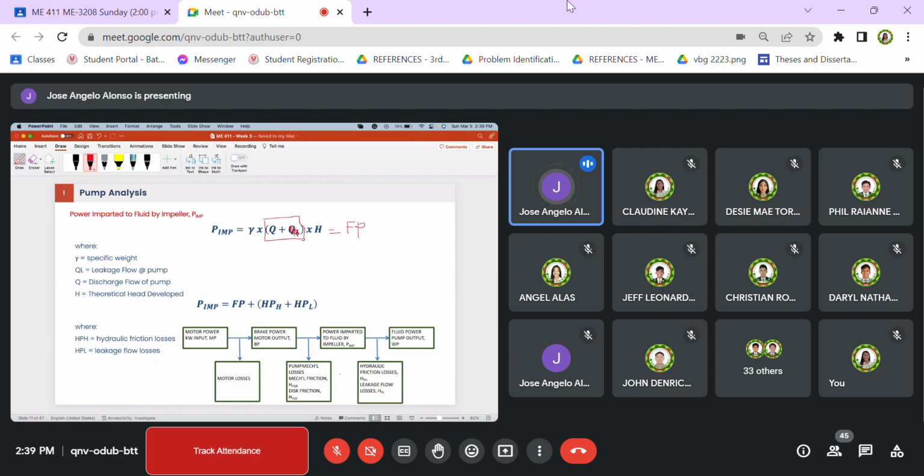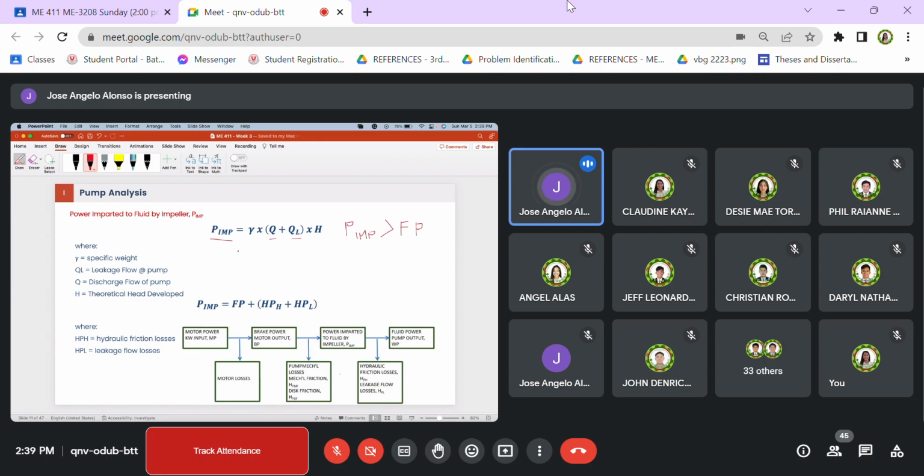Pero minsan pinapakompute sa atin si power imparted to fluid by the impeller. So we need to determine muna yung tinatawag na leakage flow ng pump. I-add lang natin siya sa discharge flow of pump or actual flow rate. Then we can get already the value ng power imparted to fluid by the impeller. So given this condition, we can say that power imparted to fluid by the impeller is greater than the fluid power.